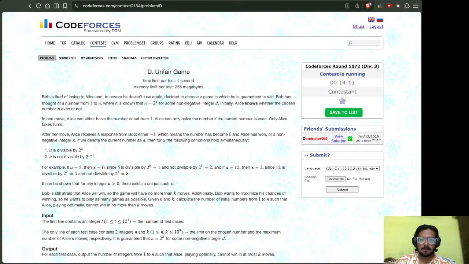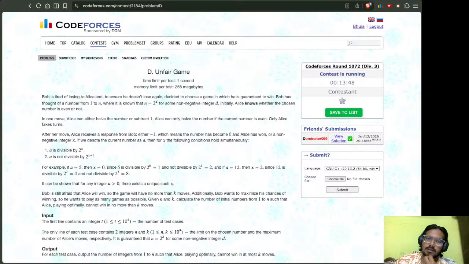Wait. Only Alice takes turns. After a move, Alice receives a response from Bob: either -1, which means the number has become 0, or Alice has 1, or a non-negative number x.